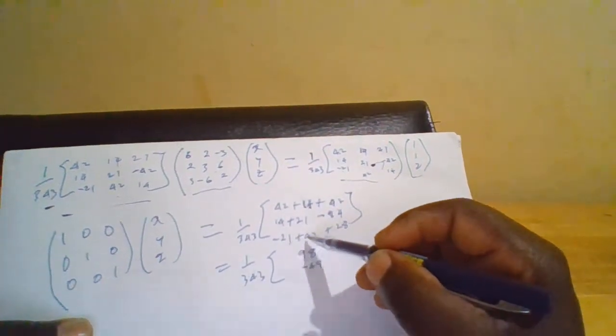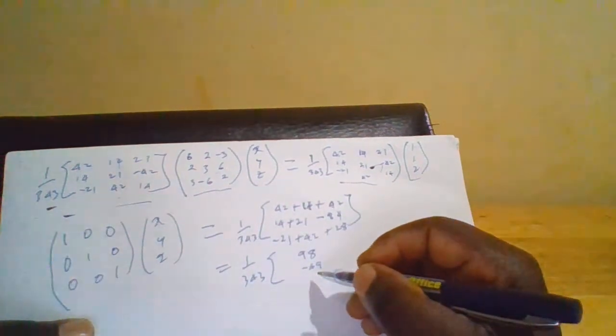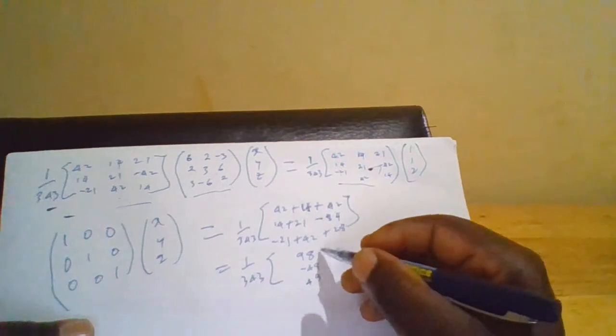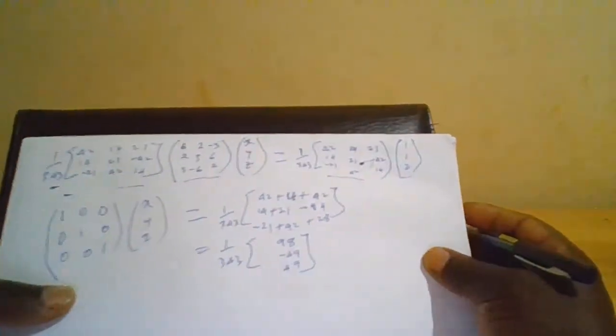Negative 21 plus 42 plus 28, we have 49.